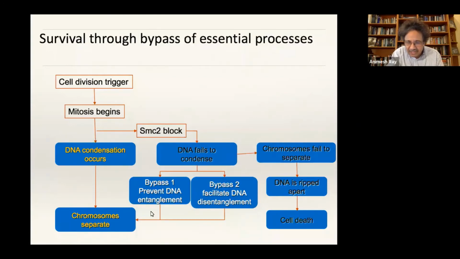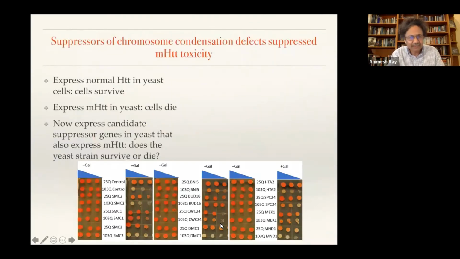And we think that that's happening by 2 mechanisms, either a bypass that prevents DNA entanglement or a bypass that facilitates DNA disentanglement. And these are some of the data, and I will not go into the data.